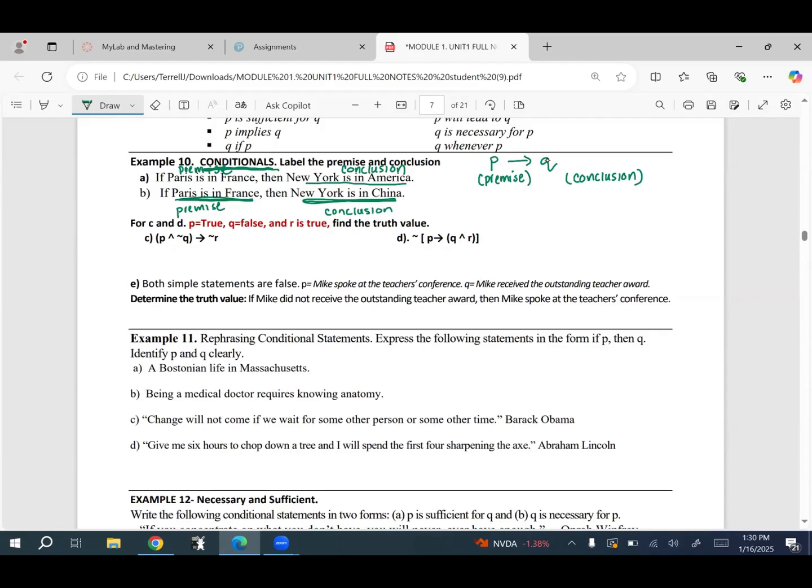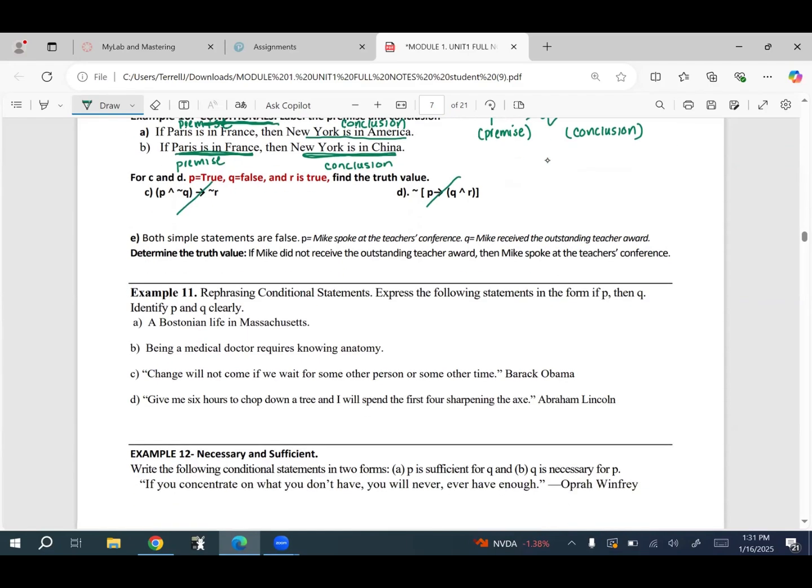It's just the structure of a conditional statement. The first proposition is your premise. The second is your conclusion. Now I want to skip C and D because we just did examples like that. If I'm skipping it, you don't have to do it.